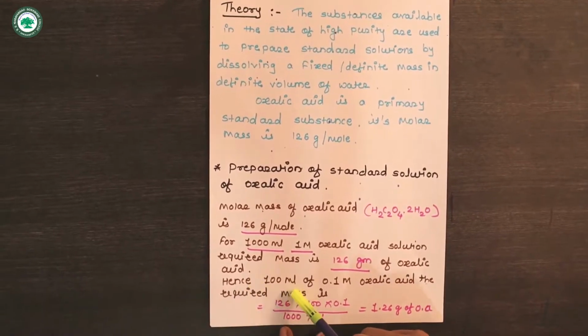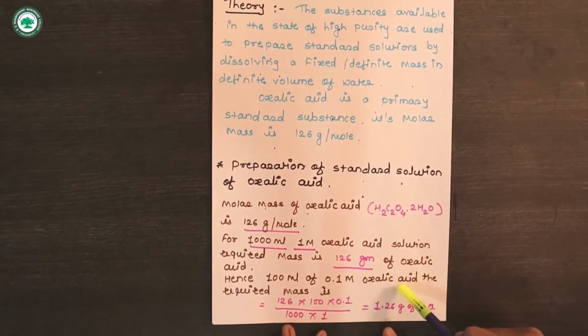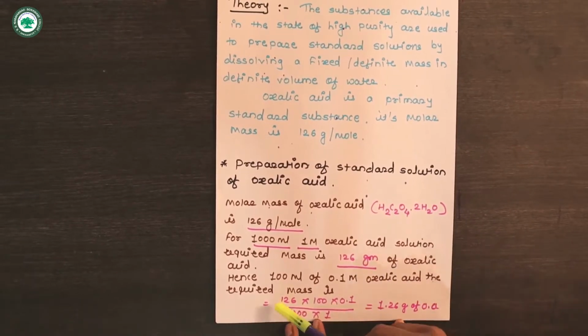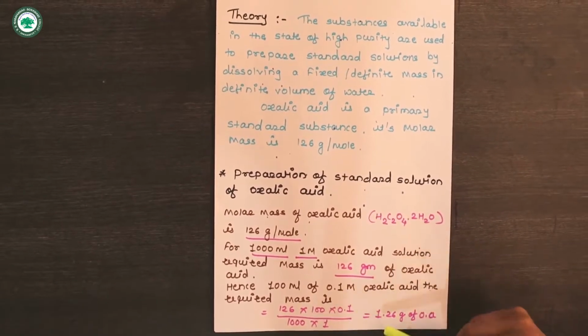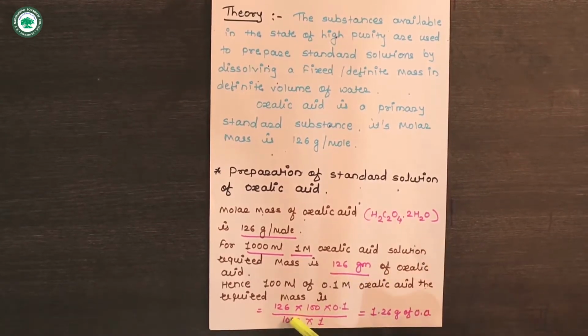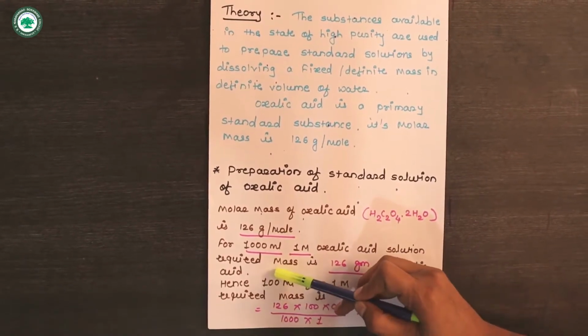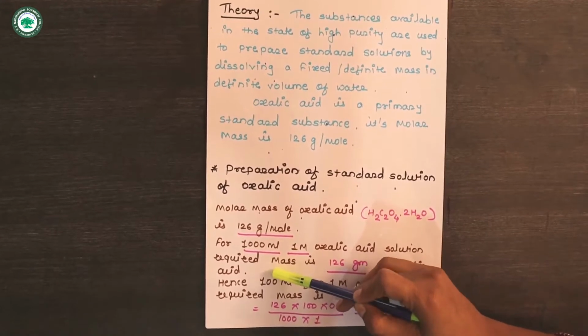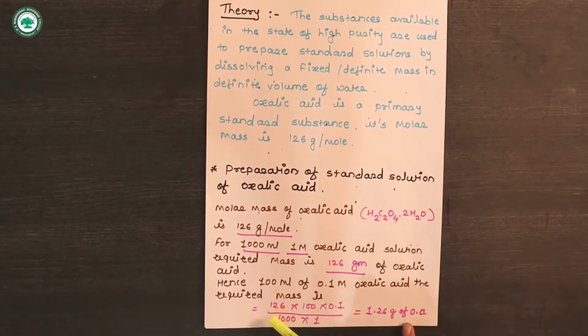Hence for 100 ml of 0.1 molar oxalic acid, the required mass is calculated as 126 gram into 100, because we take 100 ml of solution.